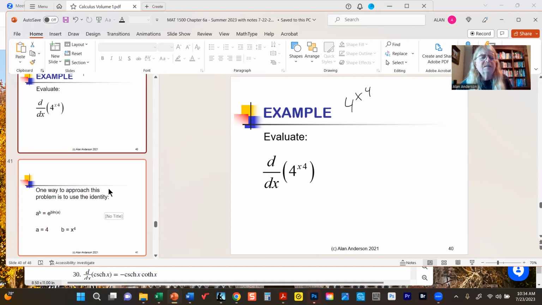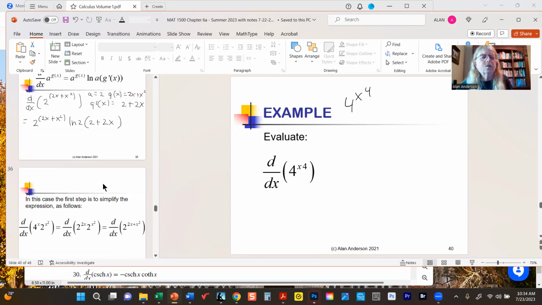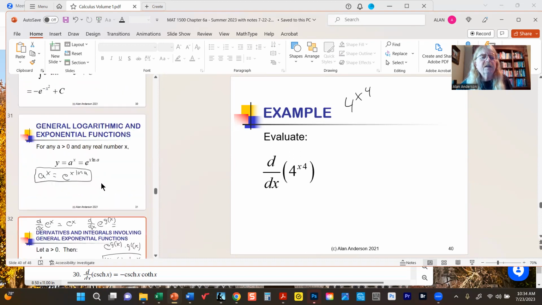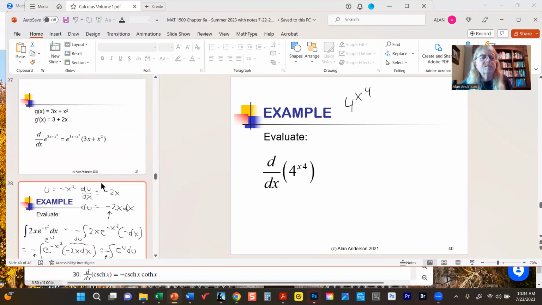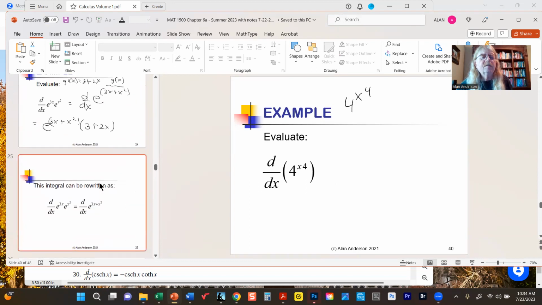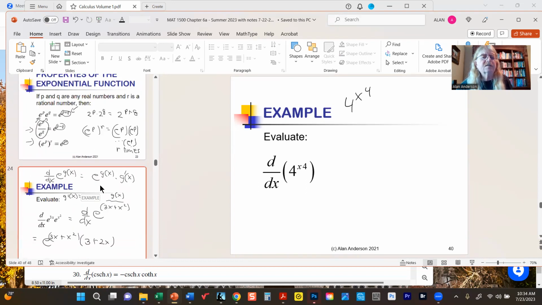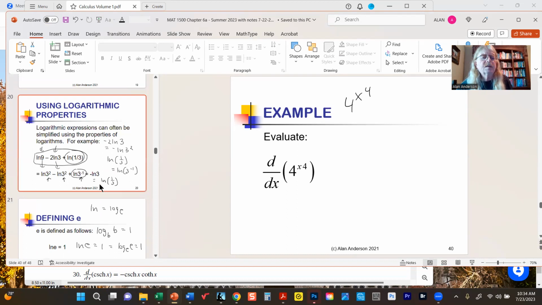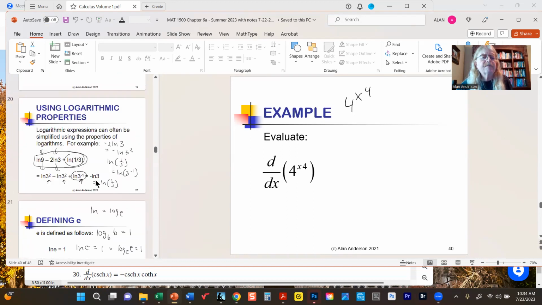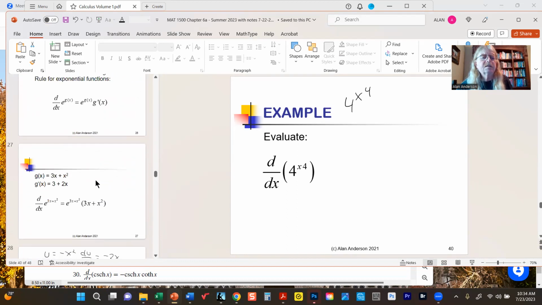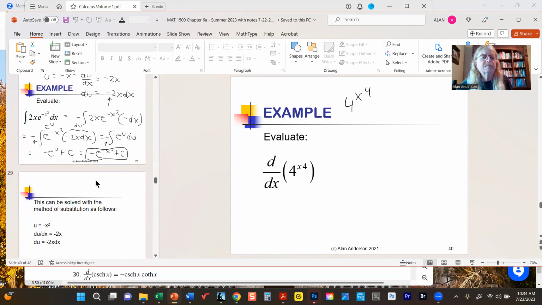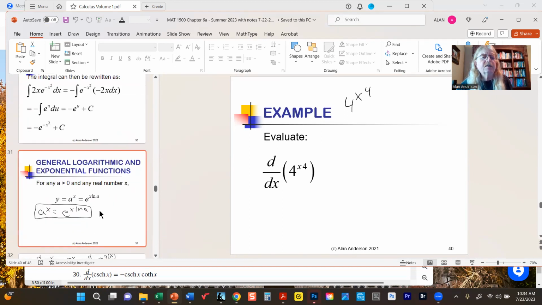All right, well, let's see. Way back here, we introduced an identity that could potentially be helpful in a case like this. And here it is.